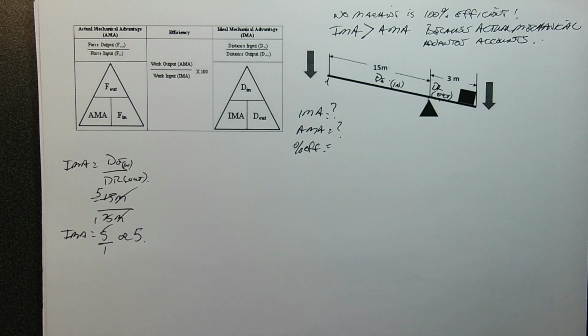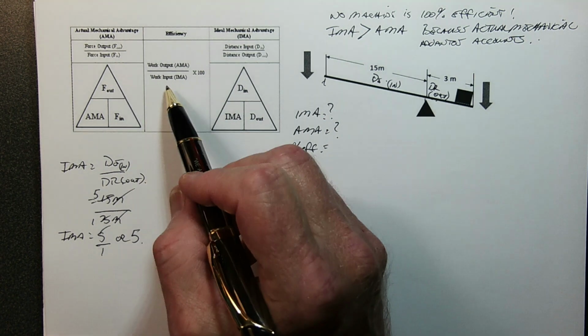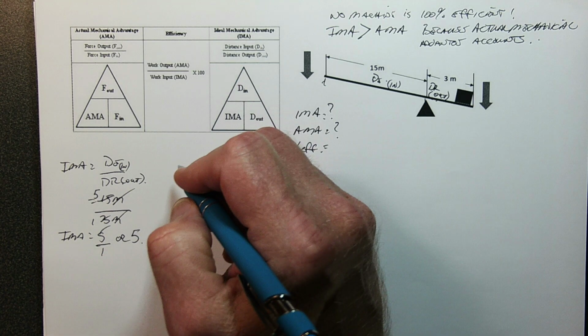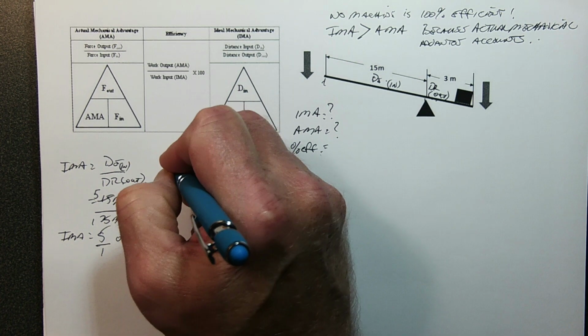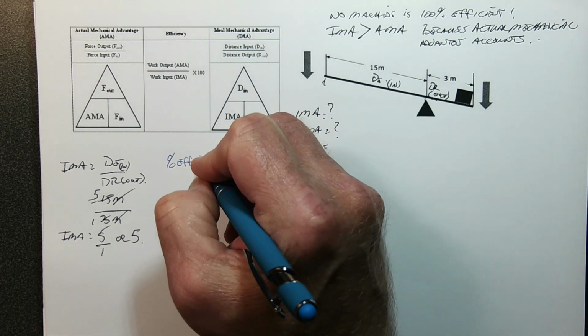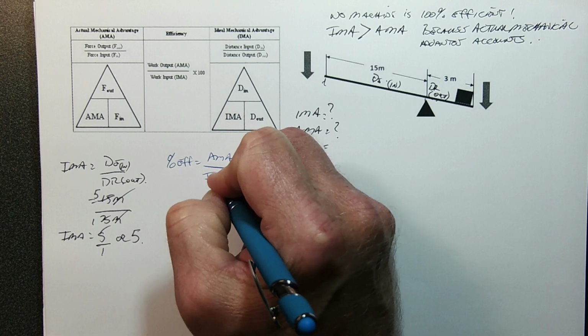Now, when we look at our equation for percent efficiency, because we've been asked to find the percentage of efficiency, it is equal to your actual mechanical advantage divided by your ideal mechanical advantage times 100.